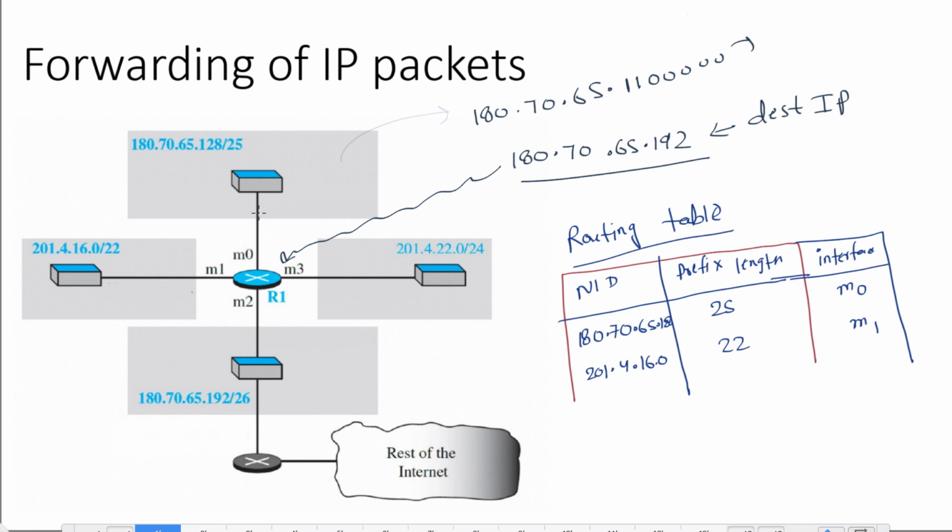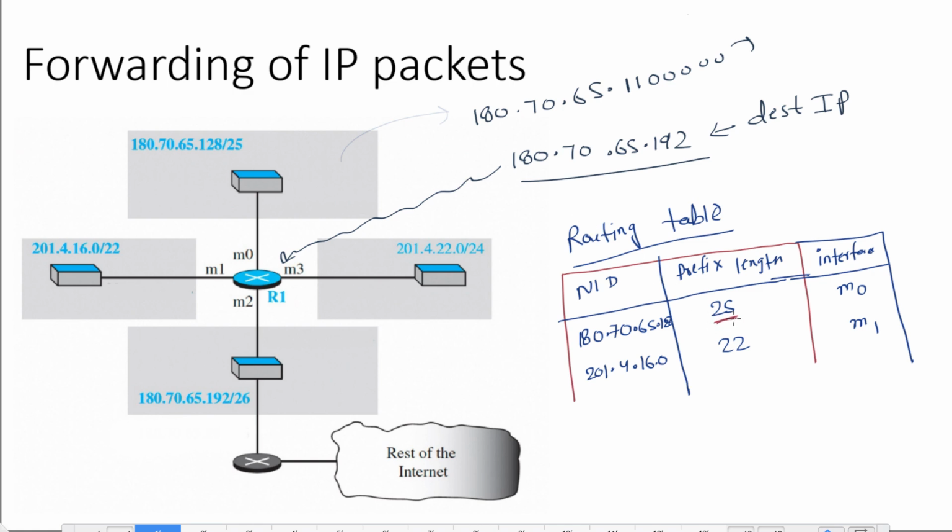Now the question is still open: how is this router going to determine which interface it should route this packet to, the one having this destination IP? This is very simple. We are going to take this destination IP and check which network it belongs to. How are we going to check it? We are going to apply this mask.